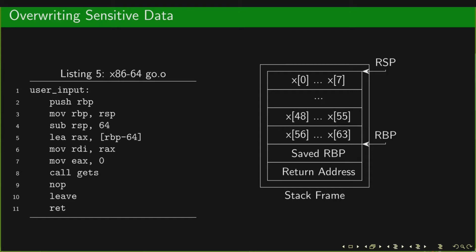And if we remember what gets said, if we read 65 bytes, for example, then we will start overwriting the saved RBP value. And maybe if we read 80 bytes, we could overwrite the return address as well.